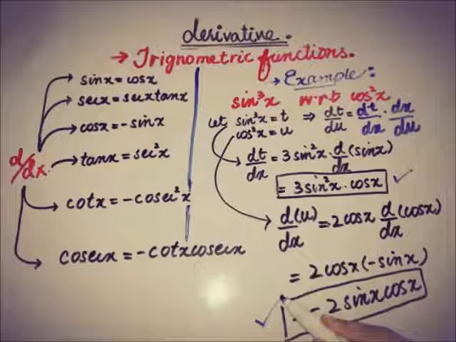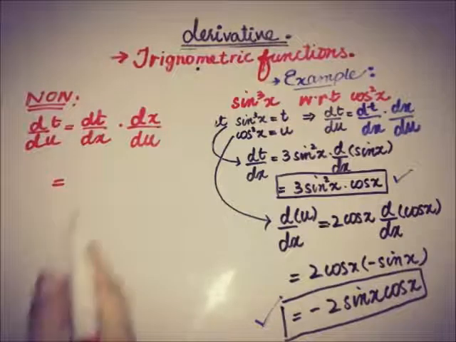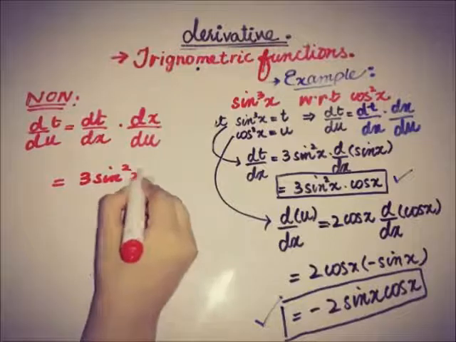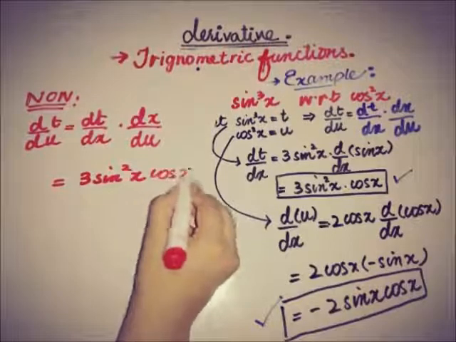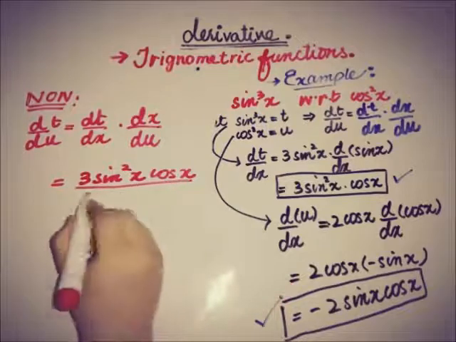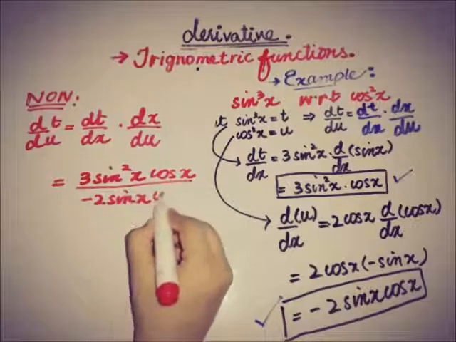So putting the values here, 3 sine square x cos x, taking the reciprocal of this, it will be minus 2 sine x cos x.